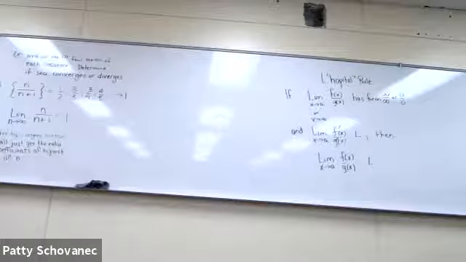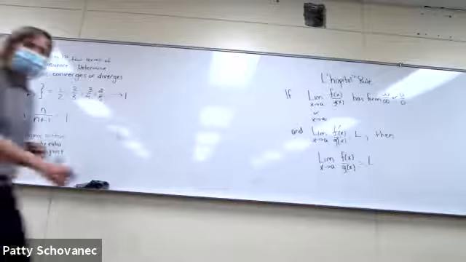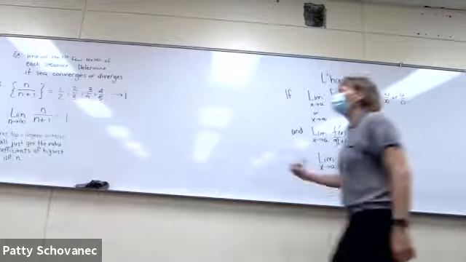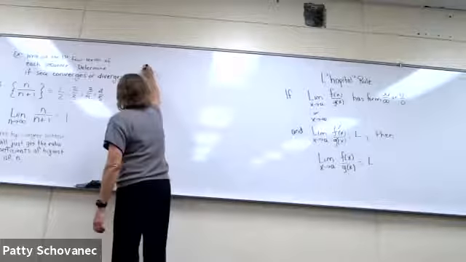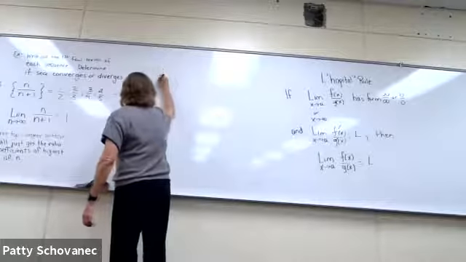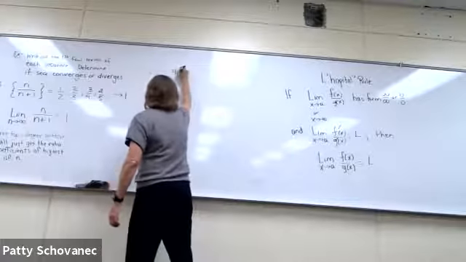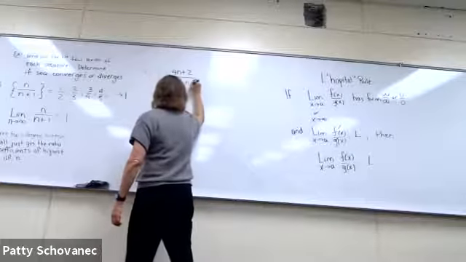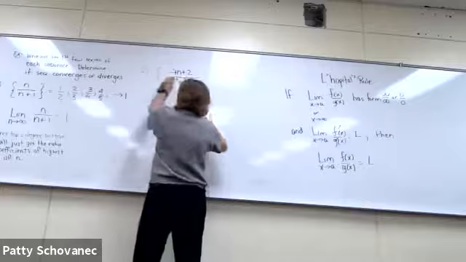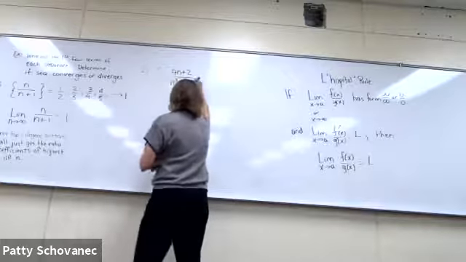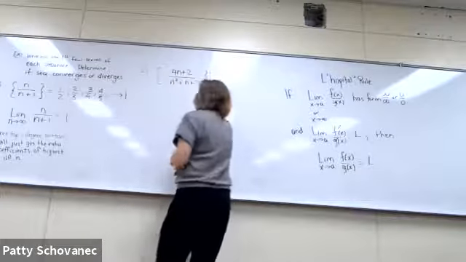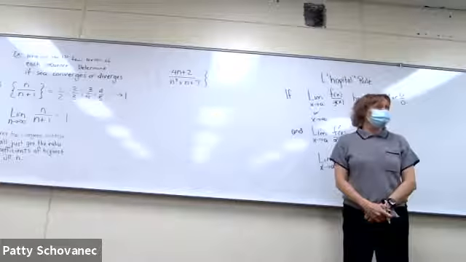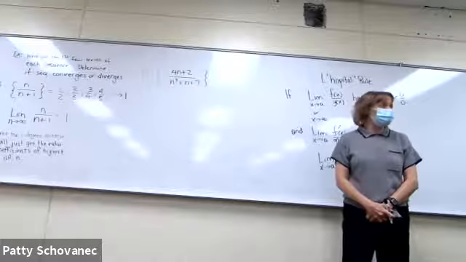Just look at the highest power, and if they're the same, just take the numbers in front of both. You remember doing that? And if the degree is bigger on the bottom, then the limit will go to 0. You remember that? It's bottom heavy.